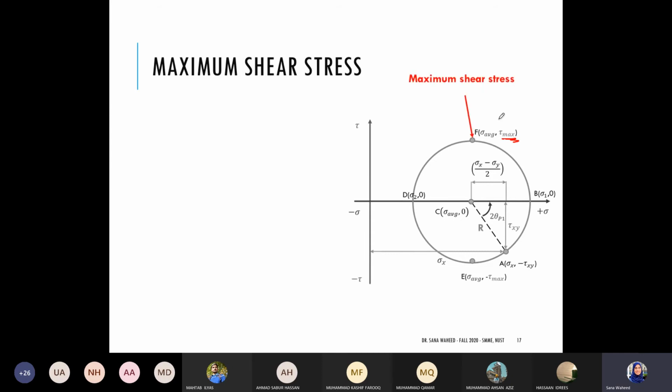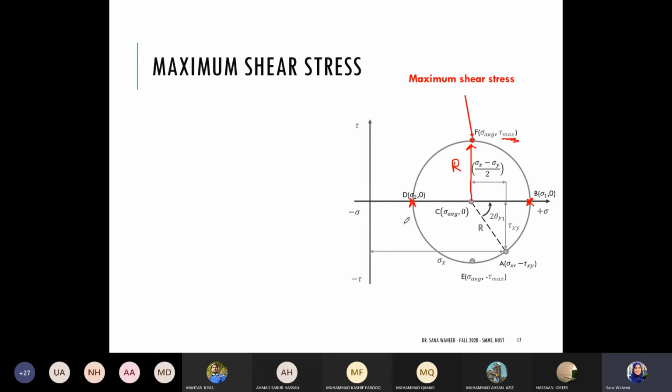This tau max is this vertical height right here in the Mohr circle, which is actually the radius of the Mohr circle, right? To find the radius, I can find the diameter, right?